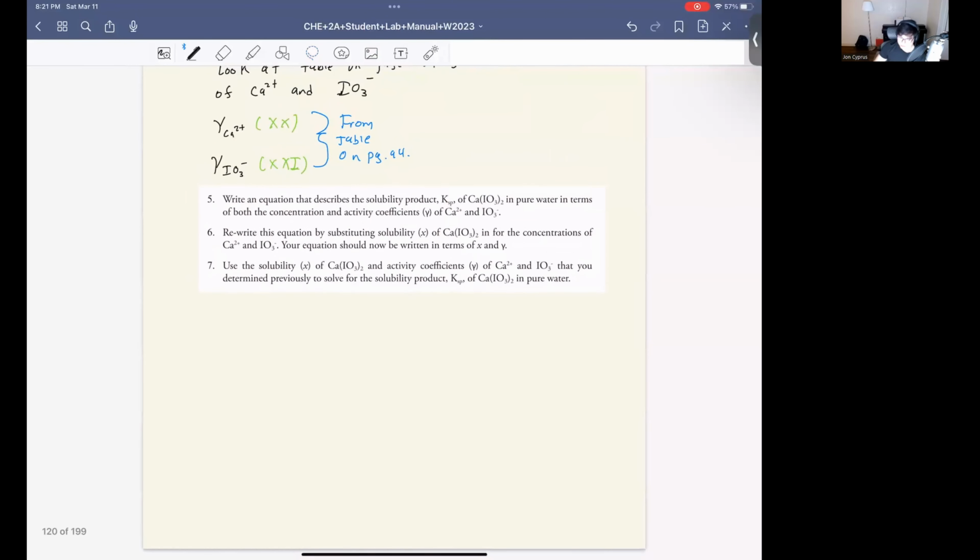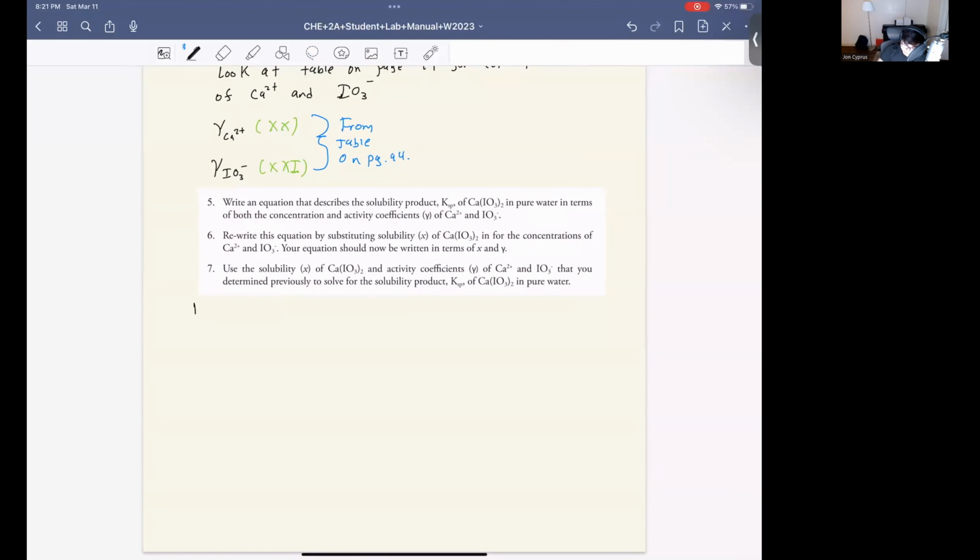So all you have to do here is plug it into KSP. I'm going to do all these at once, just so I don't have to copy and paste so much. The general KSP expression is the calcium activity coefficient times the concentration of calcium. We did this before. You are going to get the exact same thing.